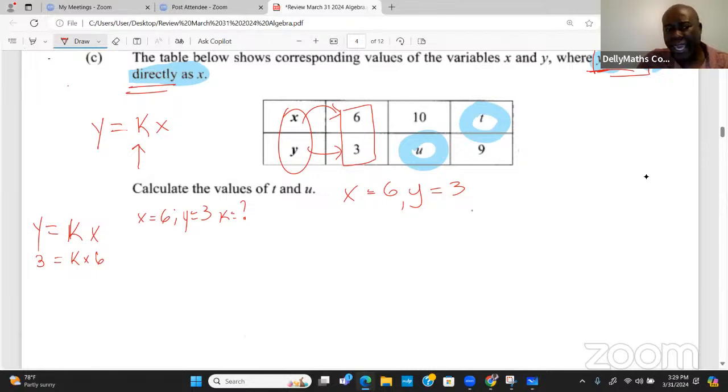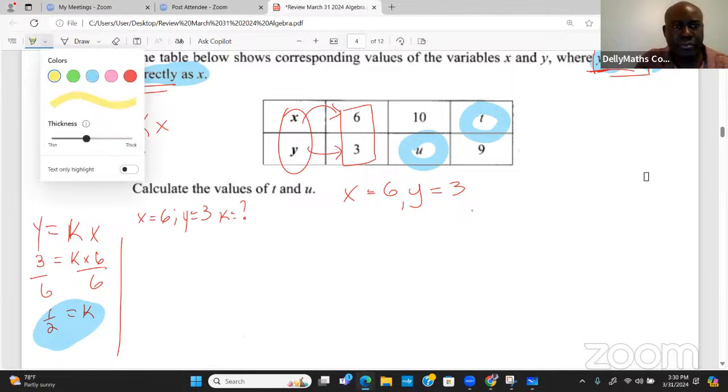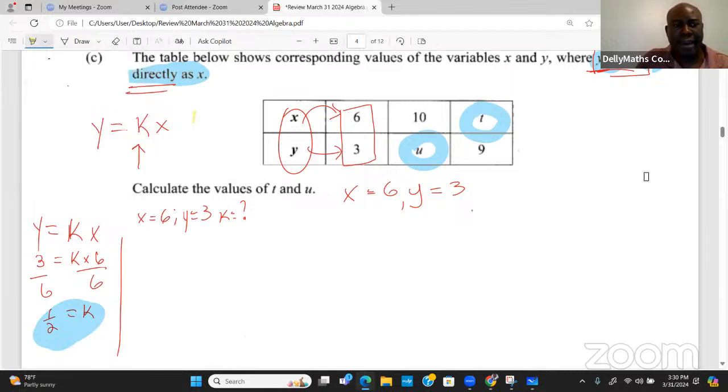So if I want to find k, I divide both sides by 6. I'll get 1/2 is equal to k. So I now have my k value to be 1/2. Let me highlight it for us. So there it is. That's my k value. K is actually 1/2.